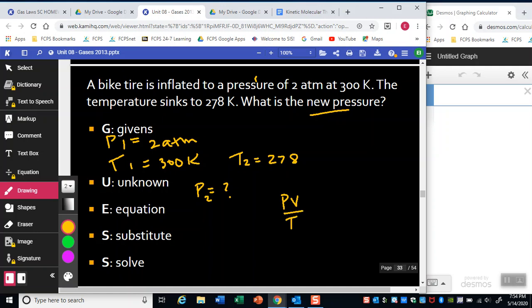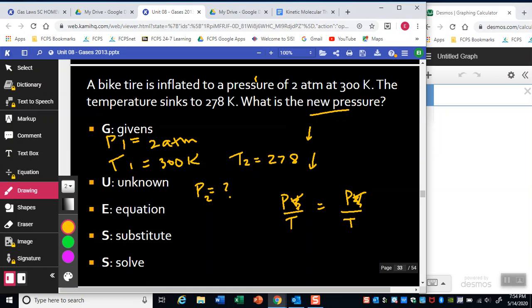PV over T equals PV over T. There's nothing about volume, so I'm going to ignore the volume. What this is showing me is that pressure and temperature are also directly related. If one goes up, the other goes up. If one goes down, the other goes down. So since my temperature went down, I'm thinking my pressure is going to go down too.